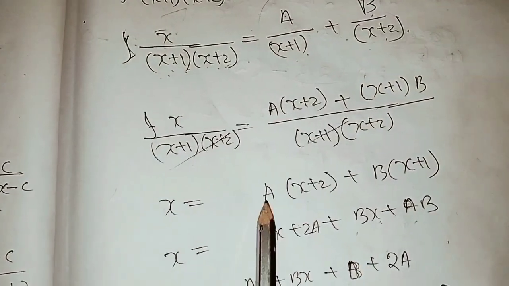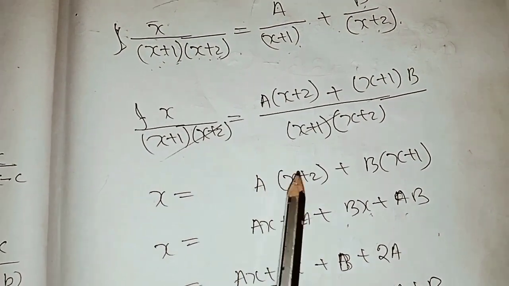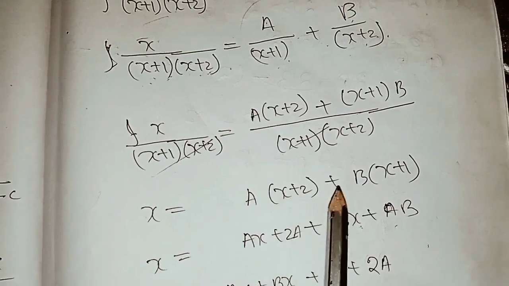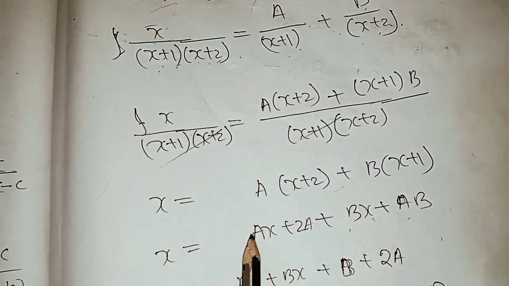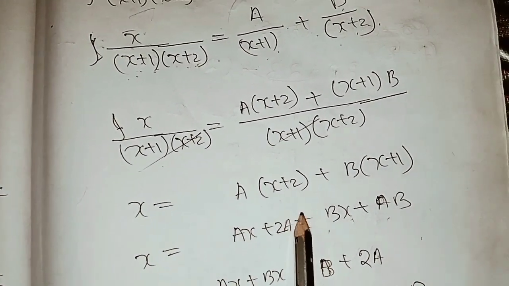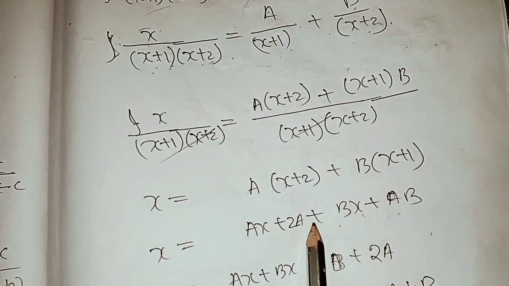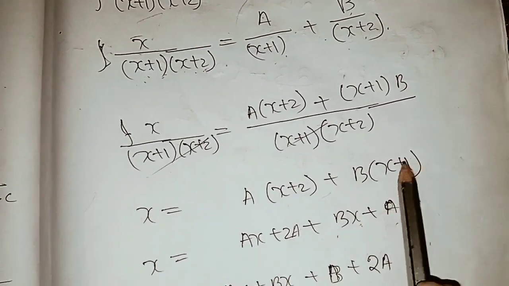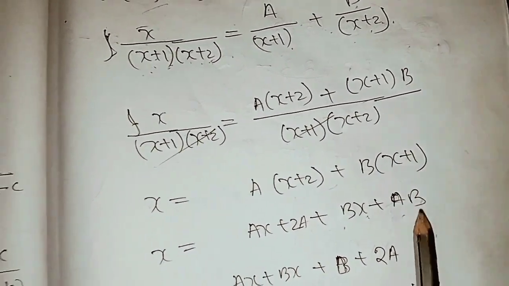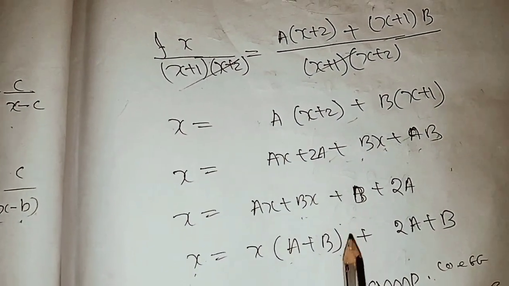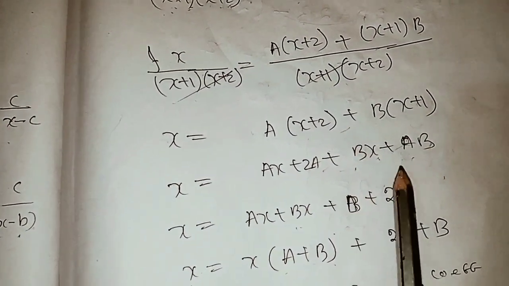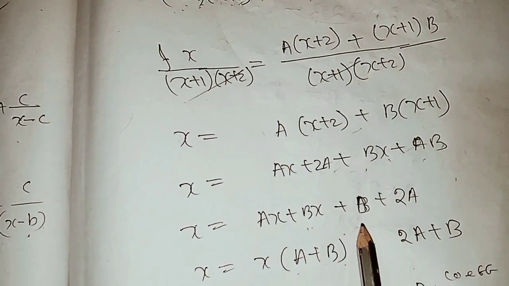x is multiplied with a, and also a is multiplied with 2, then you get ax plus 2a. Similarly, plus bx plus b, this b is as it is, yes or no?